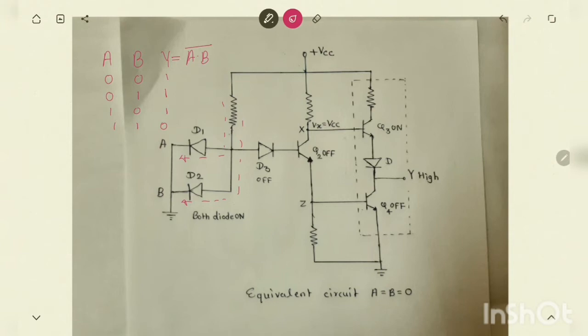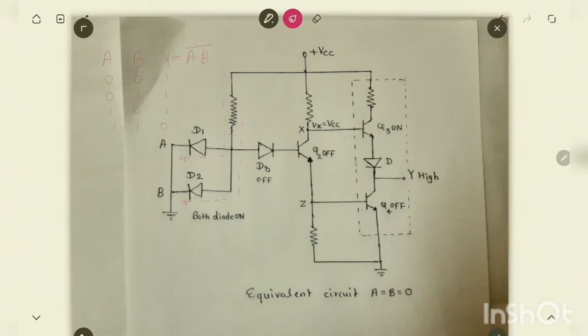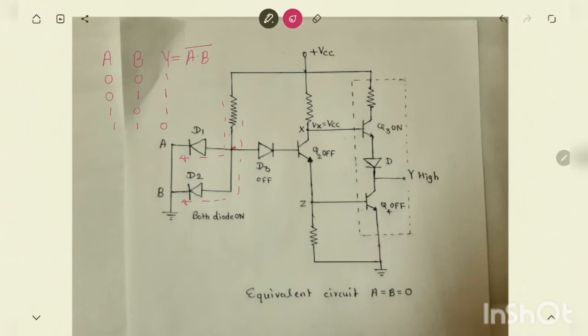Both the diodes are in an on stage. Diode D3 is in an off stage, and therefore the voltage at this terminal is 0.7 volt. As D1 and D2 are conducting, this voltage is insufficient to turn on transistor Q2, and therefore transistor Q2 is in an off stage.